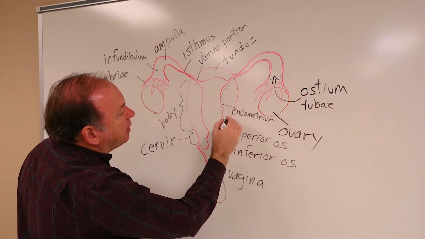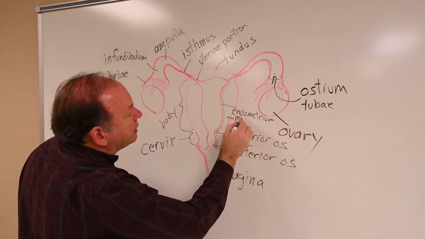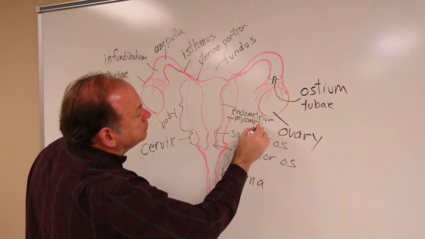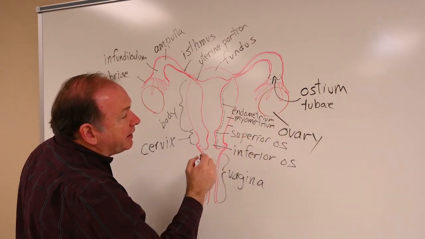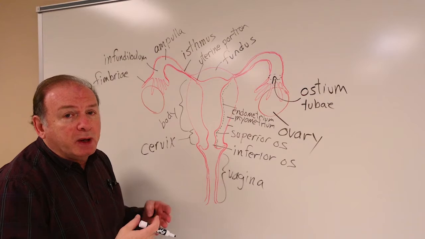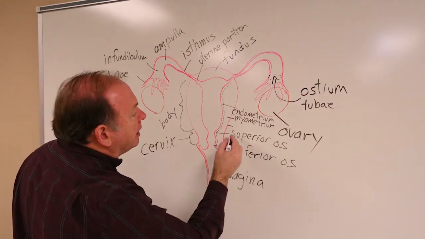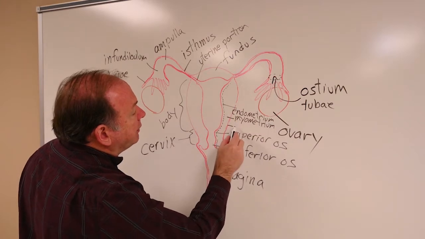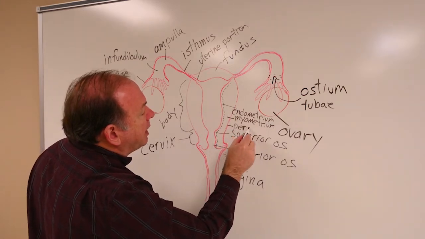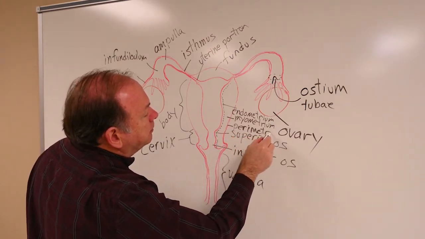The next layer is all muscle, and we call that the myometrium. And then the very outside is a very, very thin connective tissue and a mesothelial layer, essentially a serosa, but in this case we refer to it as the perimetrium, P-E-R-I, metrium.